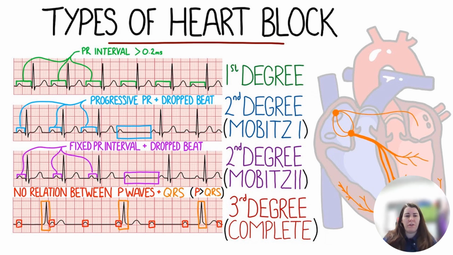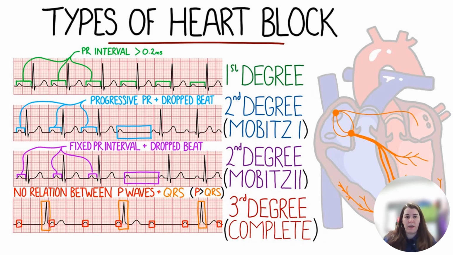I think I've shared this image in a previous presentation. If I haven't, I am now, because I think it is a great visual and really does a good job of breaking down the different types of heart blocks, making them very easy to see, very easy to define. So your first degree, you just have prolonged PR intervals.